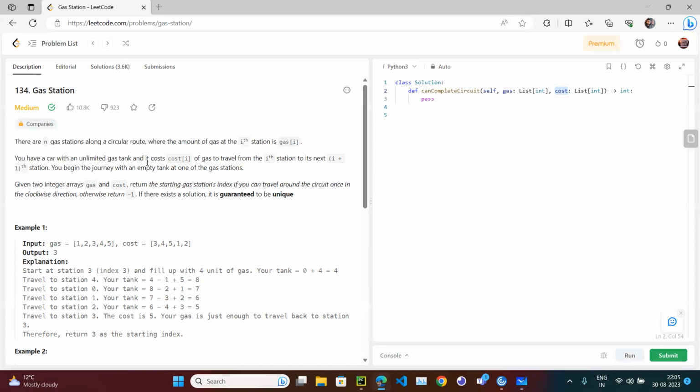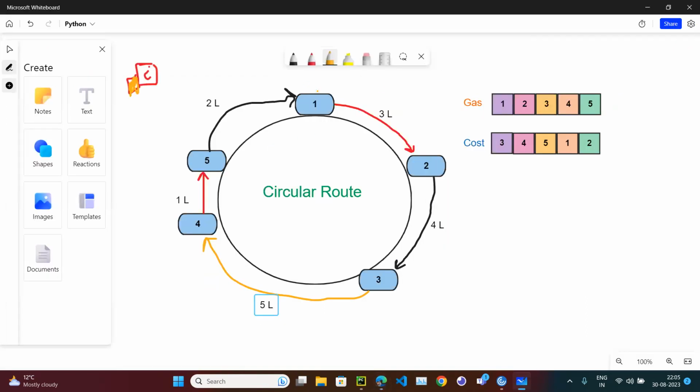What next? It costs cost[i] of gas to travel from the ith station to the next, i+1. So i means this, and i+1 means the next. If i is 3, then i+1 is 4. If i is 4, then i+1 is 5. So basically the next station.